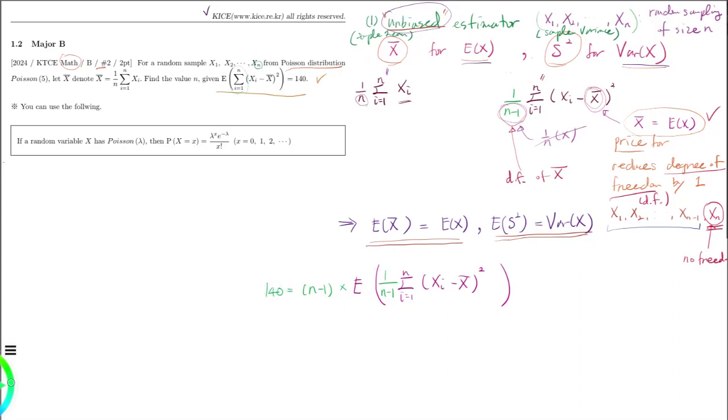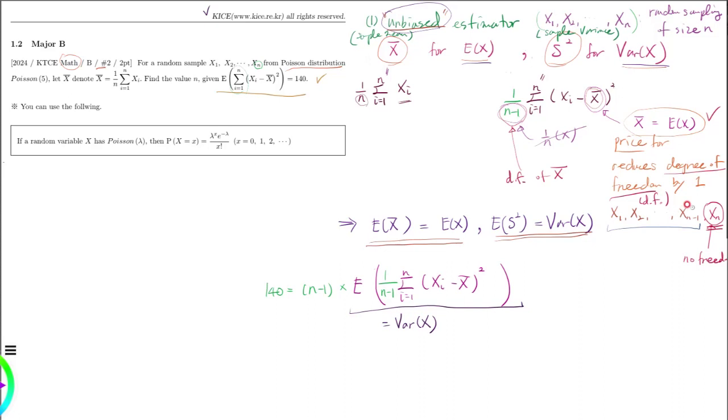The value is 140. And then by the property of the unbiased estimator, this value is the same as the population variance.